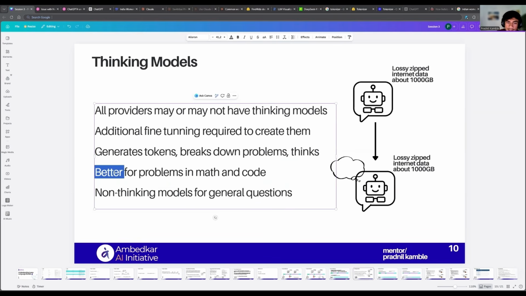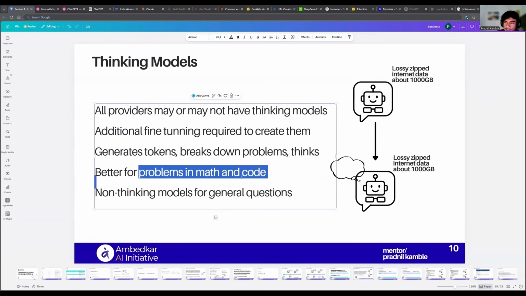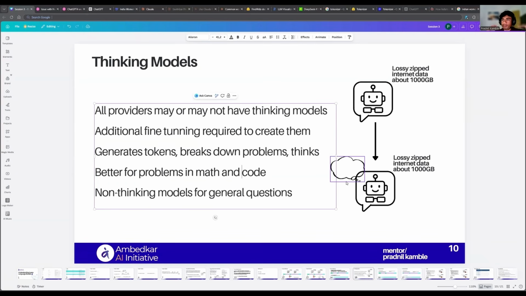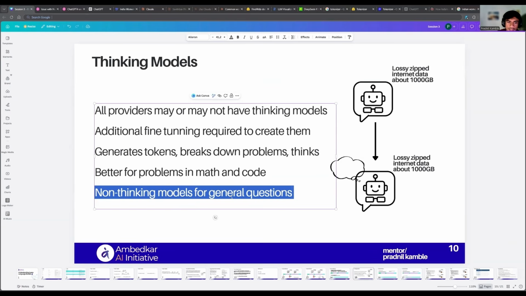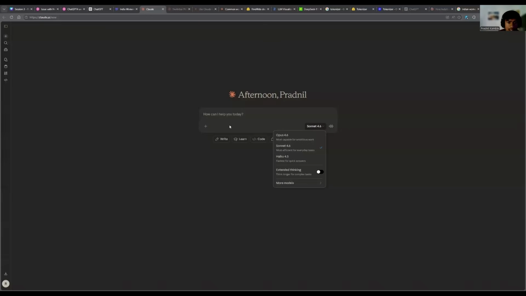I use these types of models for harder problems in math and code. Whenever I have difficulties understanding some mathematics or code, I try to use thinking models because they break the problem down and make things very simple for me. And I use the non-thinking models, which we just talked about, like ChatGPT and Claude and their non-thinking alternatives.